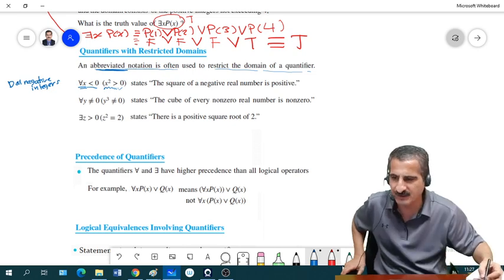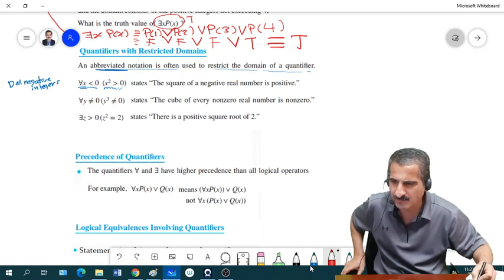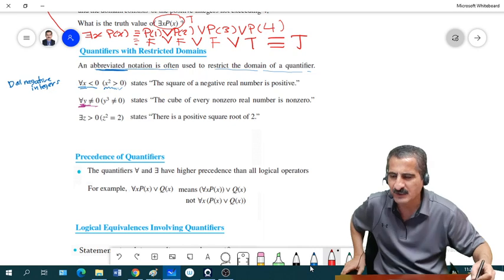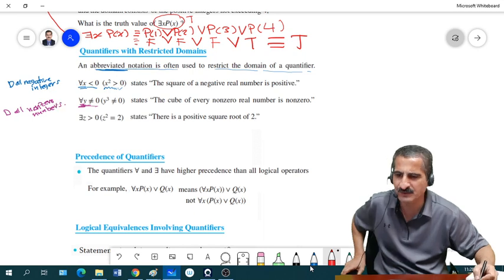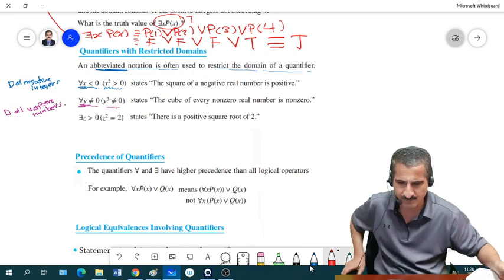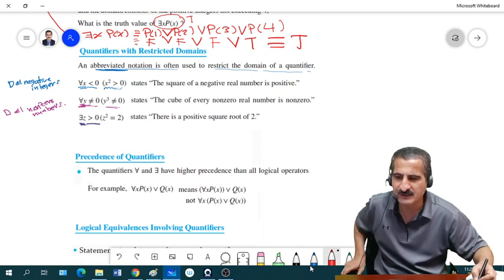Same thing here. Our domain here, for every y which is not 0, is all non-zero numbers. For any non-zero number, the cube of that number is not 0. Again, for every z greater than 0, we have z squared. Sorry, this is not for every, I'm very sorry.